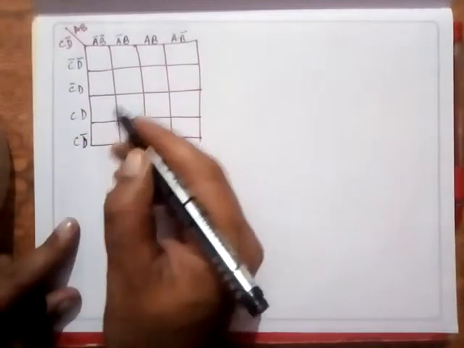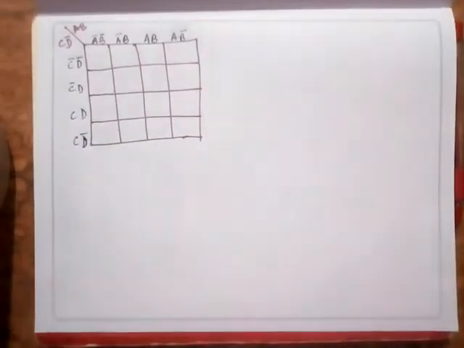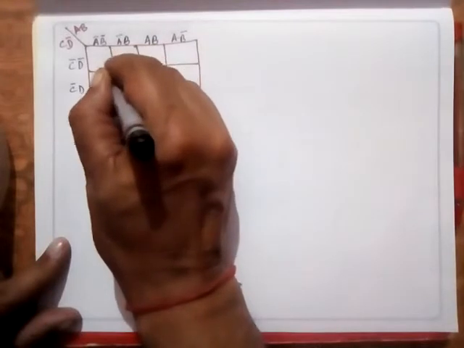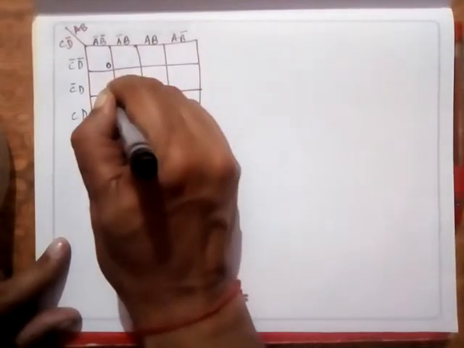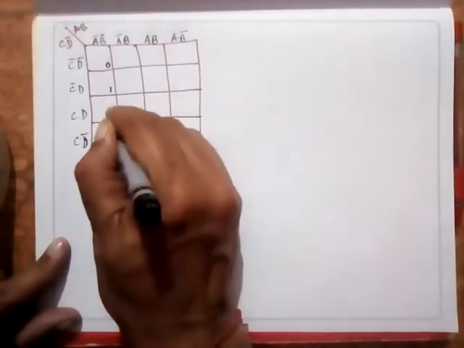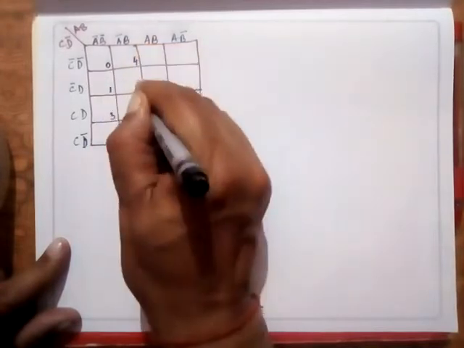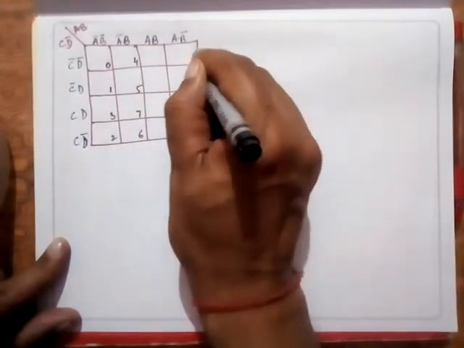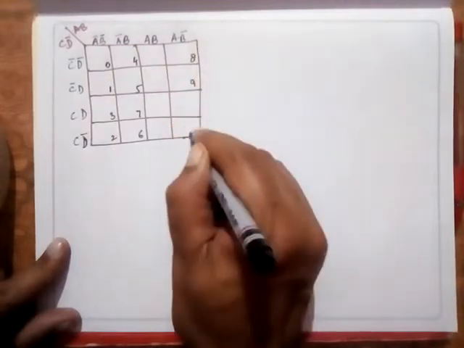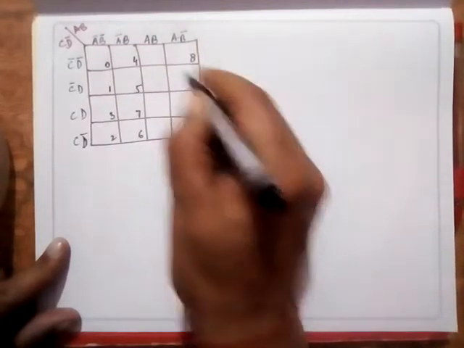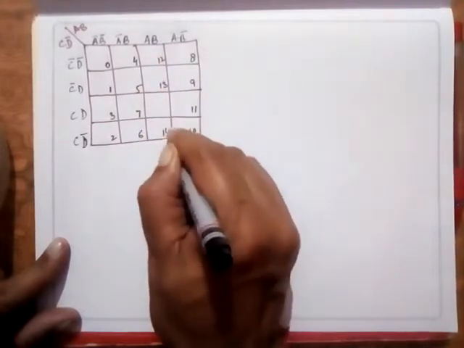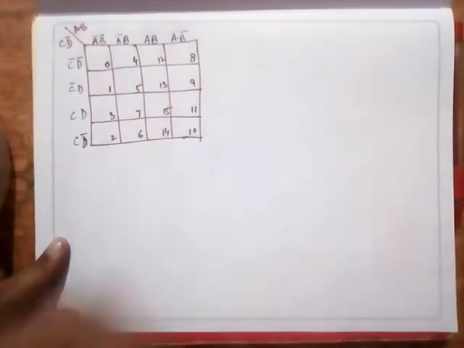And equivalently, I write the decimal equivalent of every term here: 0, 1, 2, 3, 4, 5, 6, 7, 8, 9, 10, 11, 12, 13, 14 and 15. These are the decimal equivalents.